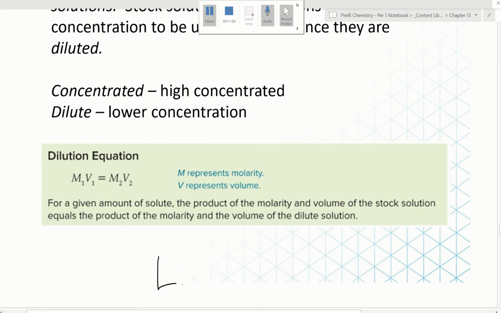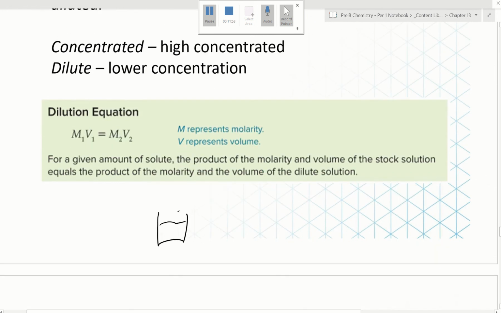So if I have a more concentrated solution and I pour out a small amount of this into a new container and then fill it up with water to a given value, the amount of moles I removed from this and the amount of moles I added to that are equal.